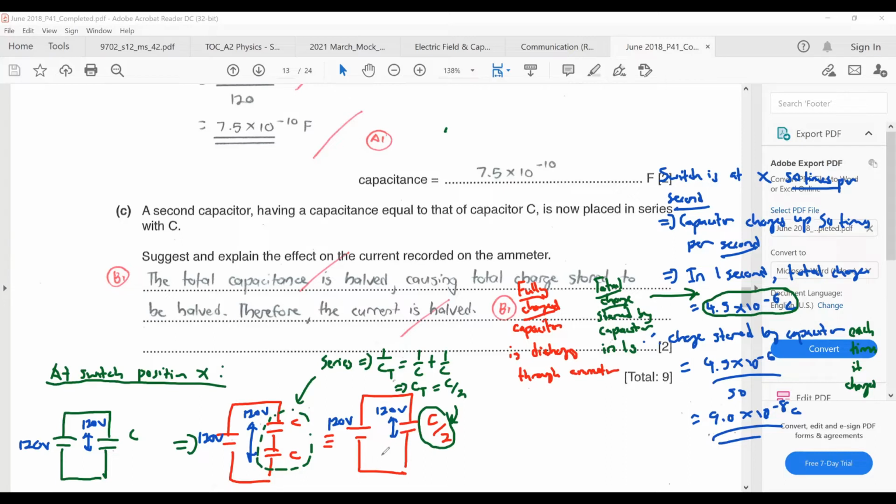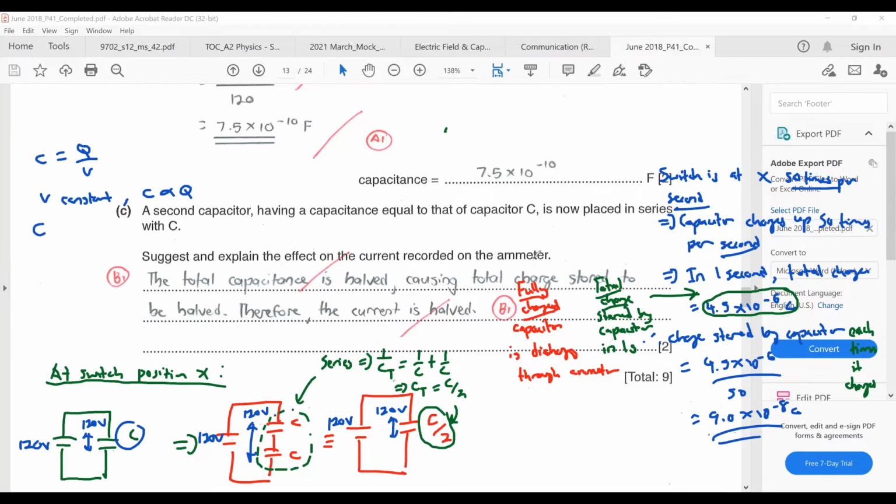Now if you just look at this one, C equals Q over V. If my PD is constant, that means capacitance is proportional to Q. Now, when I go from here to here, this one was originally C, and now it becomes C over 2.